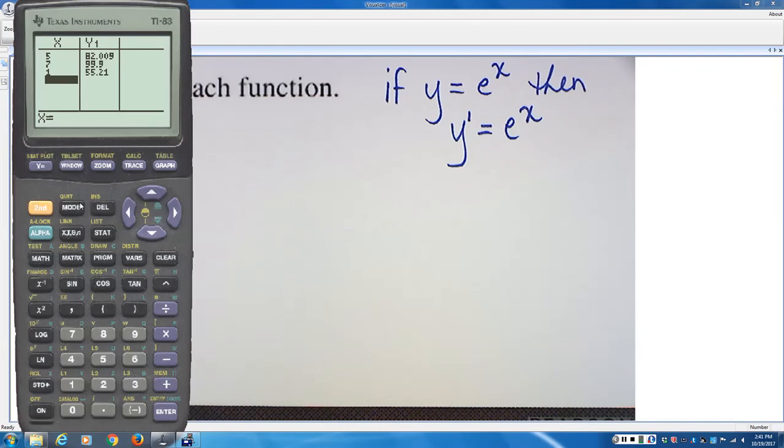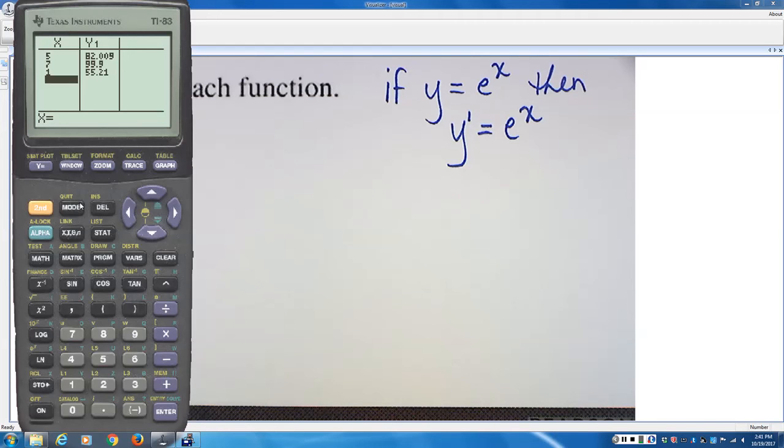Now, what does that rule say in English? If y is e raised to the x power, e being the natural exponential function, then it's its own derivative.